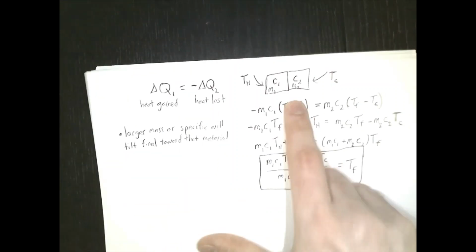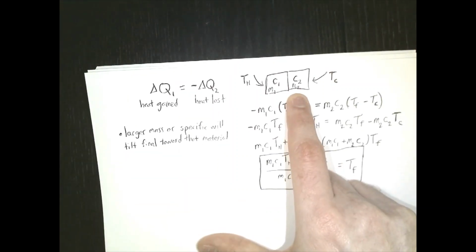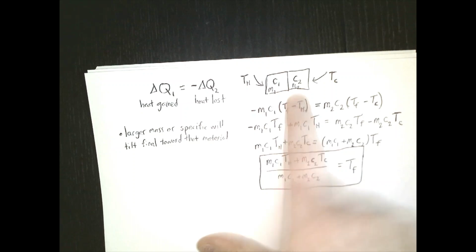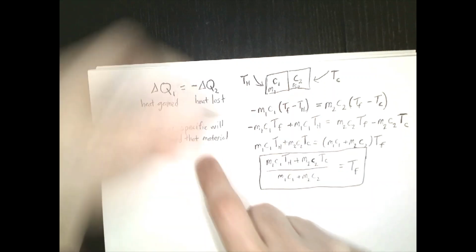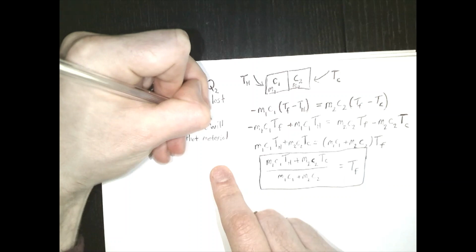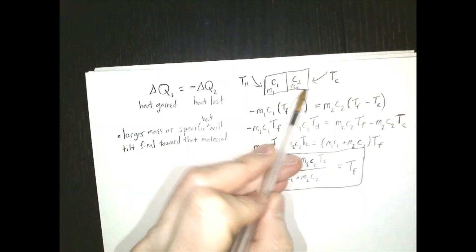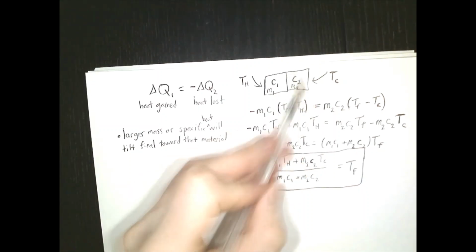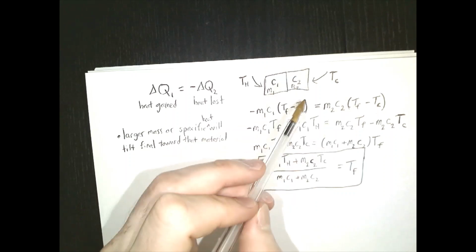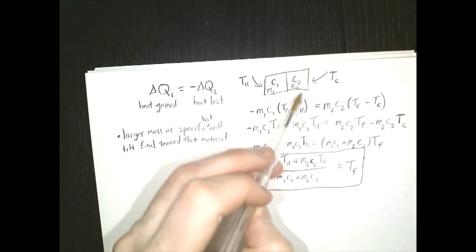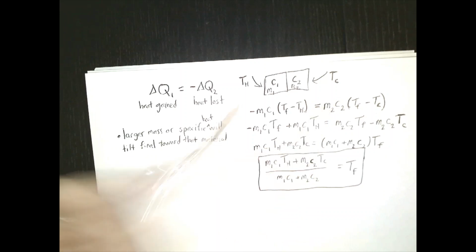In other words, if my cold object has a really large mass or a really large specific heat, then the hot one's going to radiate all of its energy and try to warm this cold thing up. And because it took so much energy to raise the temperature just a little bit, the temperature is going to end up more towards the cold side than the hot side.